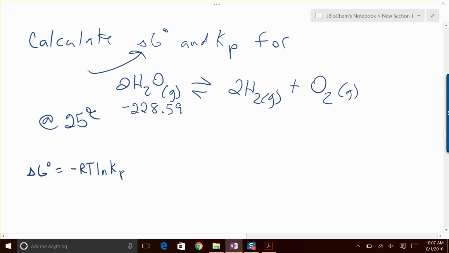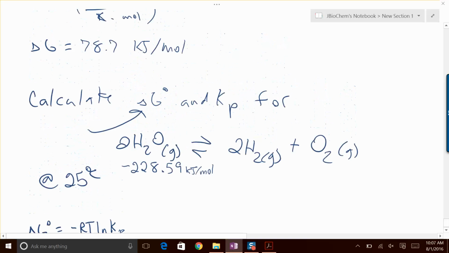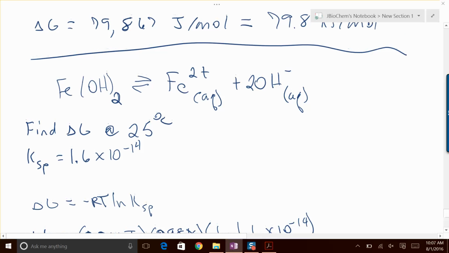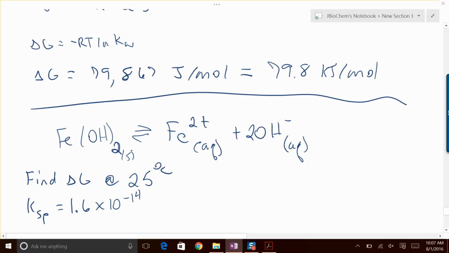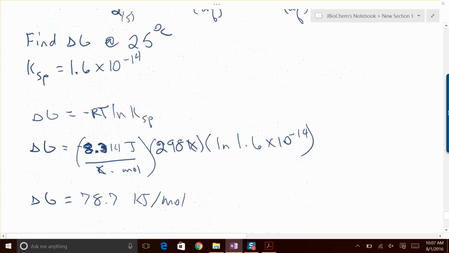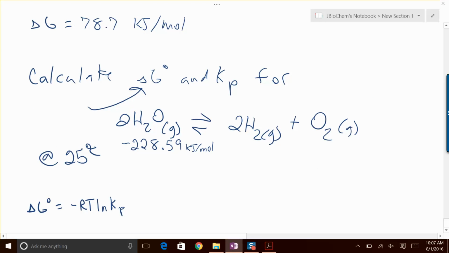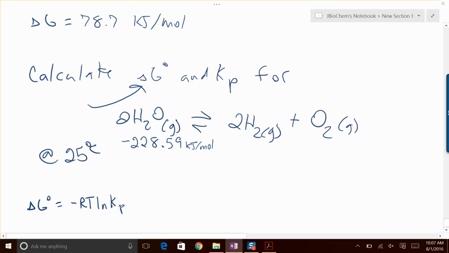Can we just do that every time when you ask for delta G? If I had the delta G table data for all that, then you could. But if they give me all that information, it's easier to just do this. Hypothetically, they don't always have the table data, but in this case they do.